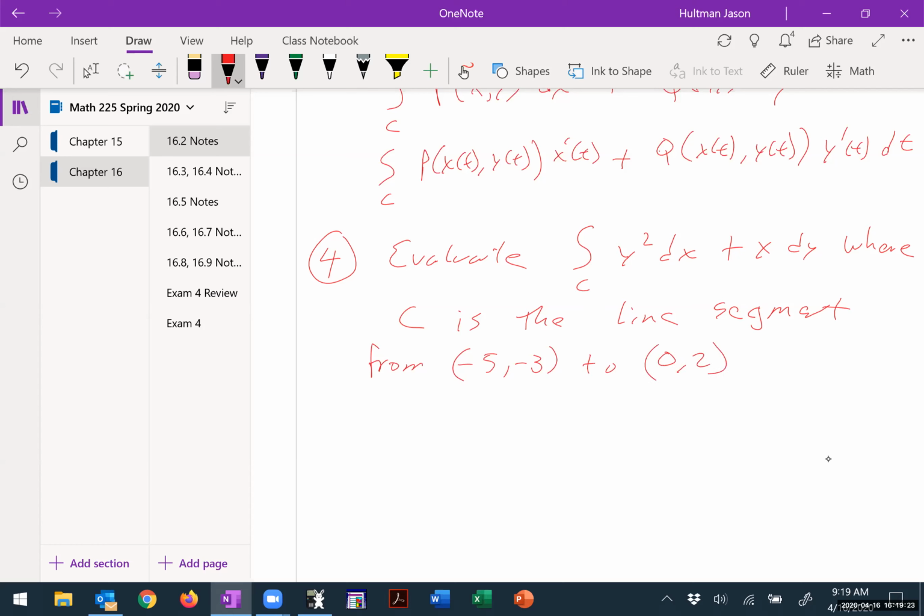So we need to parametrize a line segment.